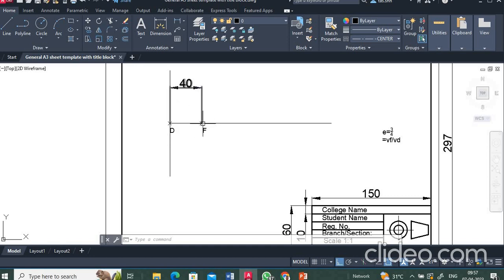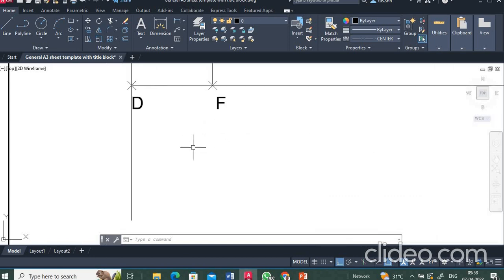So 3 parts I have to keep from here, and the remaining 4 parts will automatically be available from D. So at that location, I have to mark V. If the DF distance is given, we have to add the numerator and denominator to get the number of divisions. Here 3 by 4 is given, so I am adding 3 plus 4. I am going to make this one into 7 equal divisions.